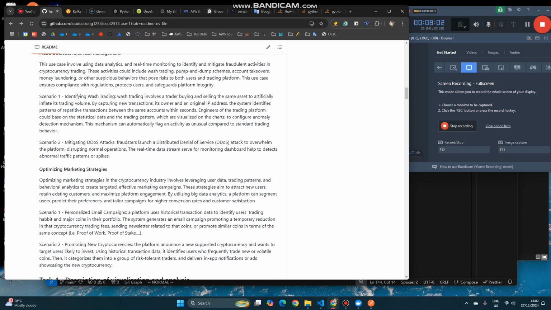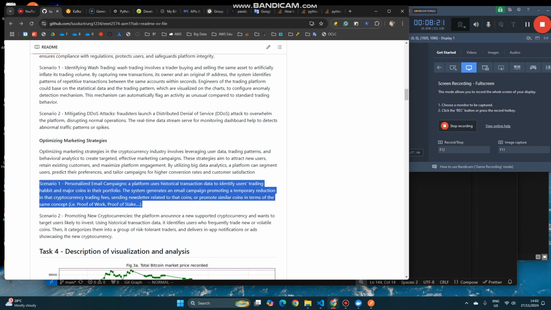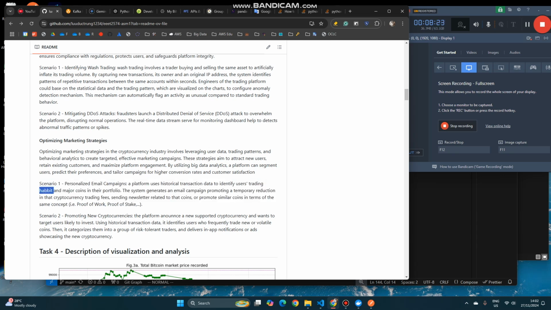With the historical data, for example, we collect the pay-in transaction that the user has made, and we visualize it into the charts. With that information, we can identify the trading habit of the trader and the major coin in their portfolio.